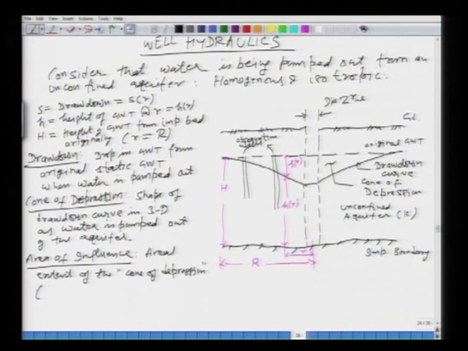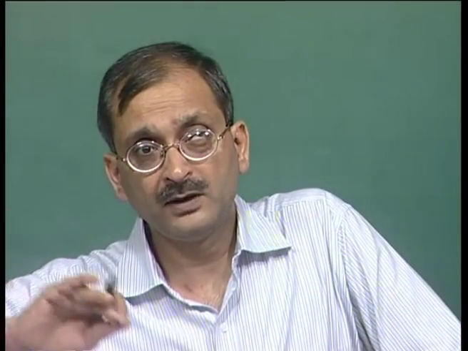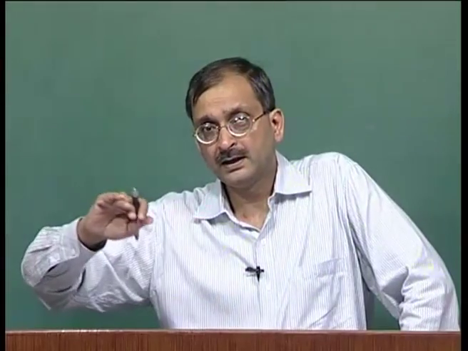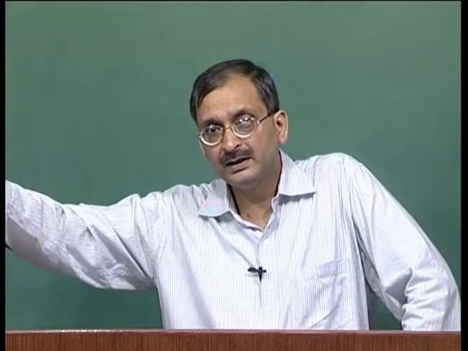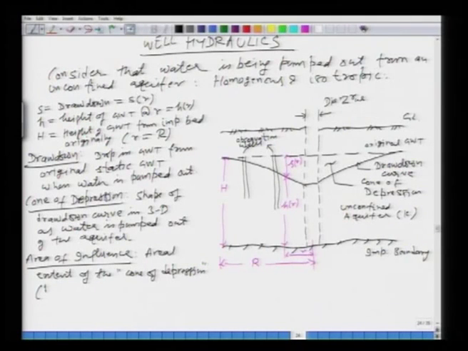And it is easy to see what will be the drawdown at the area of influence or beyond the area of influence. Well, drawdown will be 0, okay, because as you go away from the well, the drawdown is decreasing, all right, and at the area of influence, it will meet the original groundwater table. So, the drawdown is 0 at the area of influence and beyond. So, you have drawdown equal to 0. So, if you want to find out the area of influence, what you do is on your map you find out the area where the drawdown becomes 0, all right, and then you can delineate or find out the area of the influence. Okay.